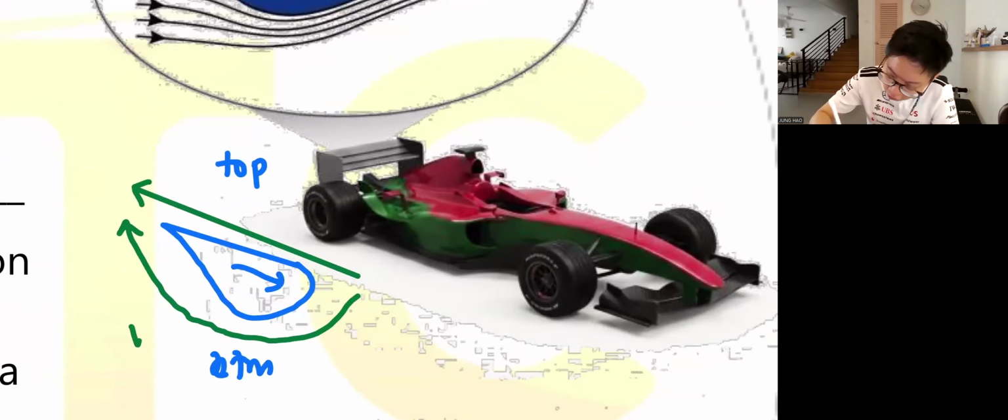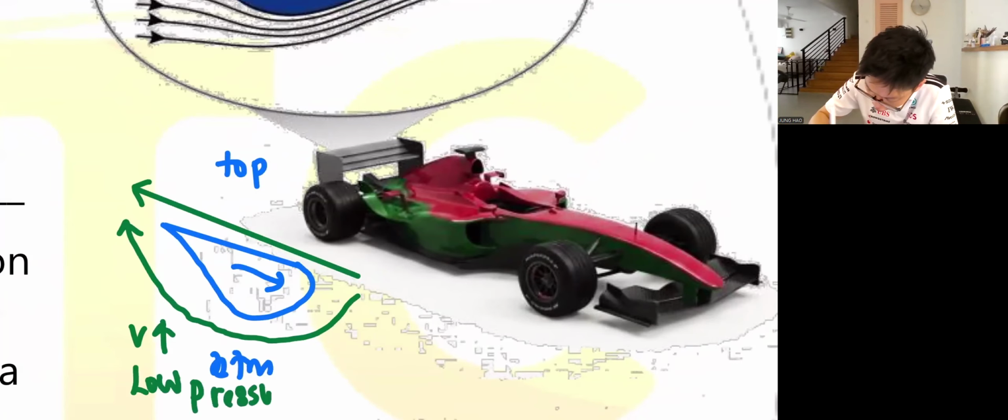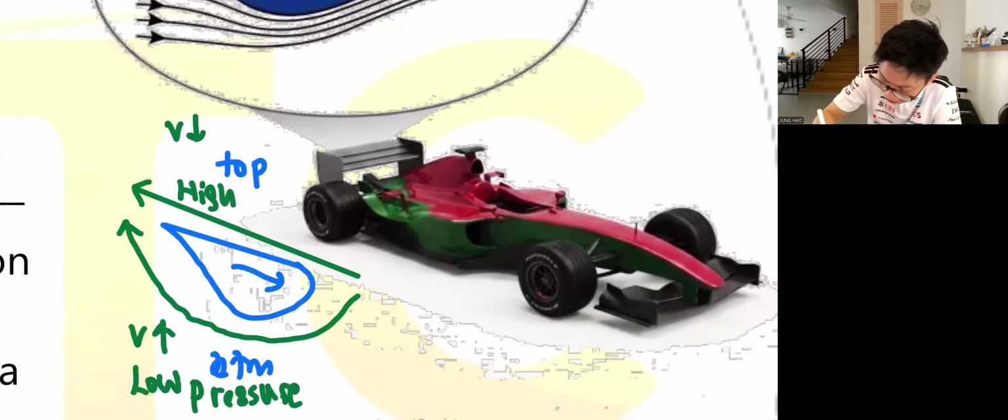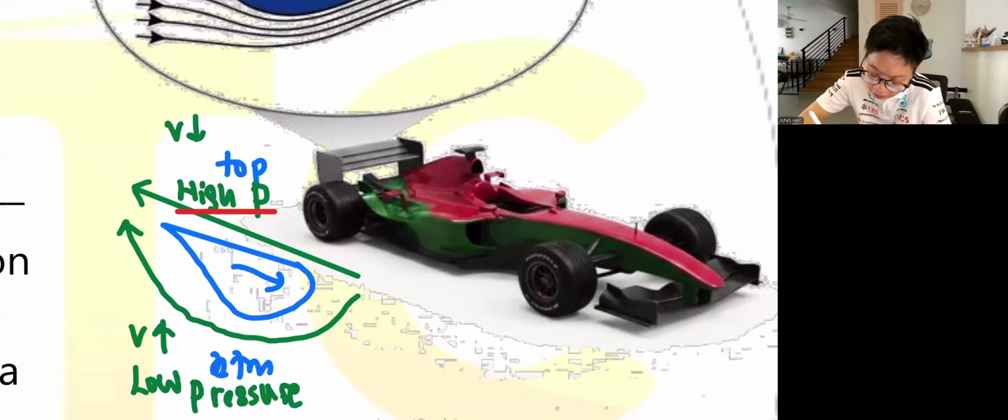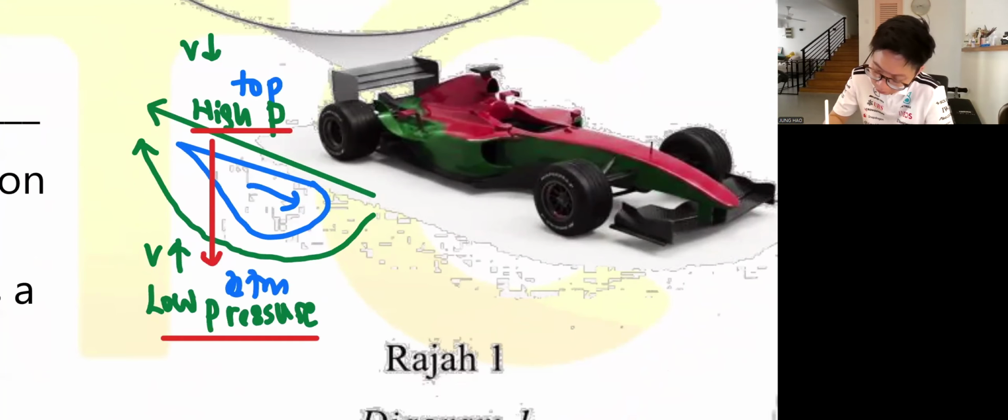Bottom. So the velocity here increases, so here forms a low pressure region. The top part has lower velocity, so you form a high pressure region. So the high pressure region technically pushes all the way down towards the low pressure region.